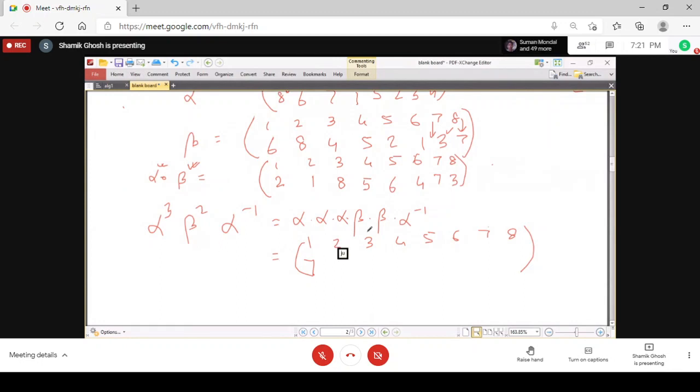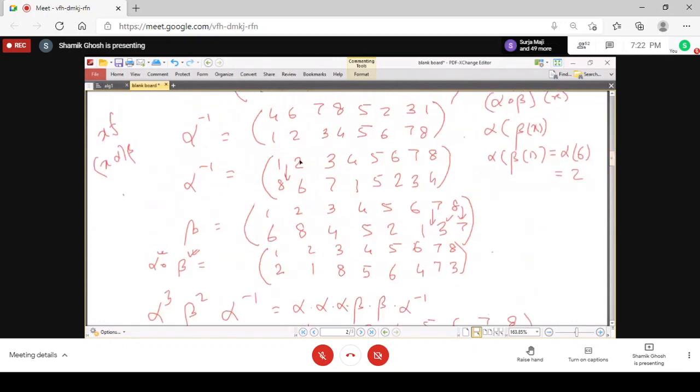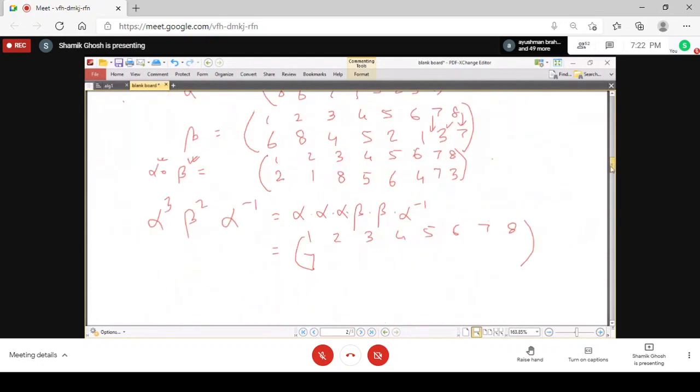Similarly, for 2, we start with alpha inverse. 2 goes to 6 here, then twice we have to apply beta: 6 to 1, 1 to 6. So 6 is the number now. Now we go for alpha. In alpha, 6 to 2, 2 to 6, again 6 to 2. So 2 is the final number, and we put 2.